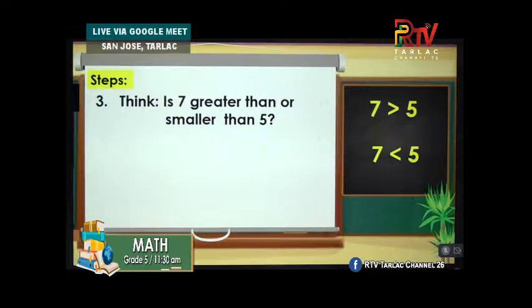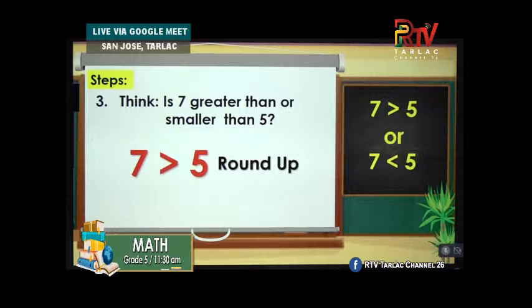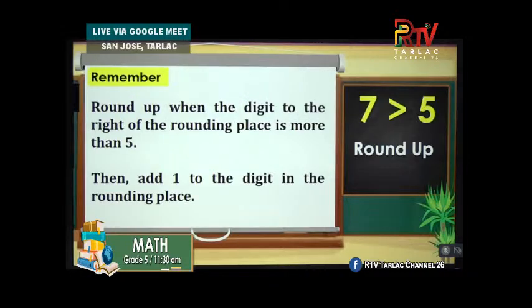Step 3, is 7 greater than or smaller than 5? Correct. 7 is greater than 5. Therefore, we should round up. Remember, round up when the digit to the right of the rounding place is 5 or more. Then, add 1 to the digit in the rounding place.